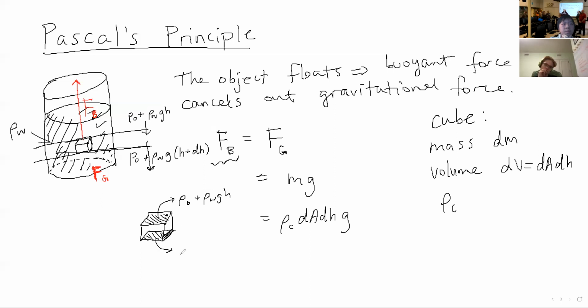It's that bottom equation that you wrote. Yeah, so this is P naught plus rho W g h, but because you're adding this dh, you're also adding some rho W g dh, right?